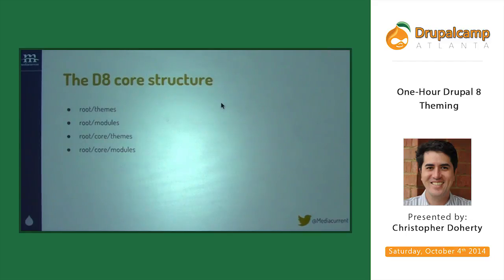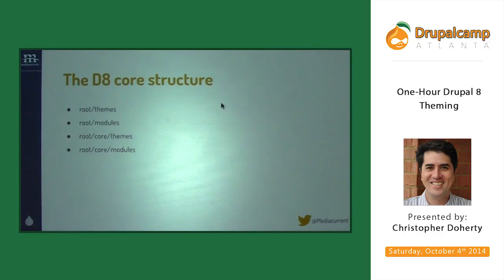So the core structure has changed pretty radically from 7 to 8. One way to look at it is that it's sort of flattened. If you go into the root of your Drupal 8 installation, you will see a themes and a modules folder, and that is not for the core theme and modules.